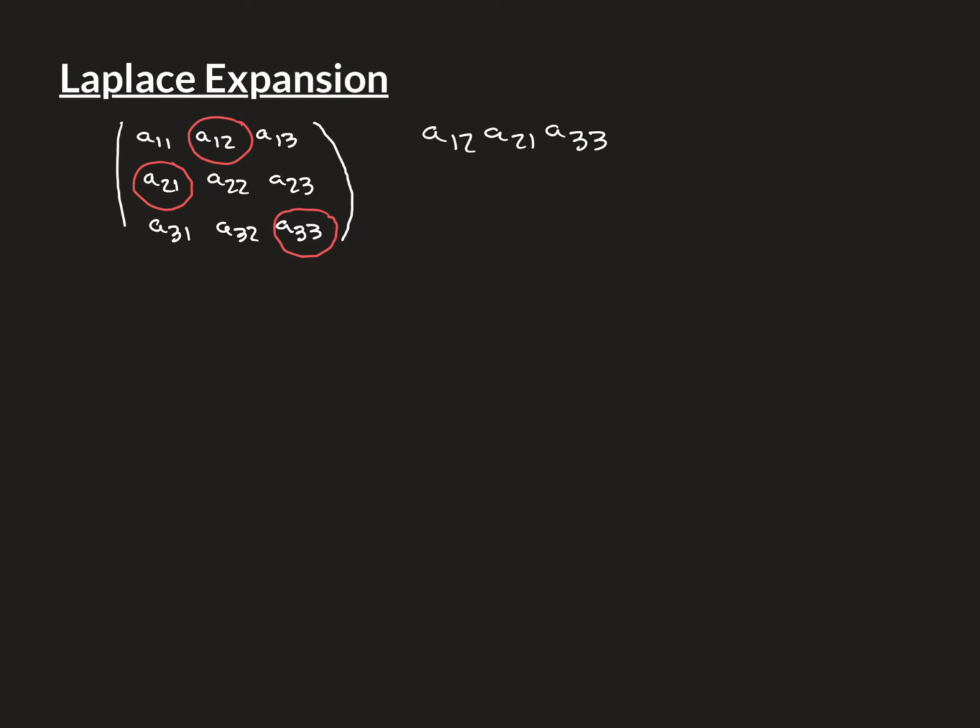And the only moves you're allowed to make is to switch 2 things. So you're allowed to take 2 of your entries and switch their rows or their columns. So let's start with which column they're in. If we switch which columns they're in, this one will move into this position.